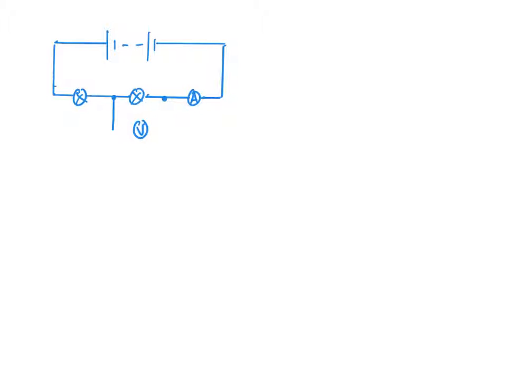So there's our symbol for our voltmeter. And there it's drawn in parallel. And just to stress, those wee dots are a symbol for a join.